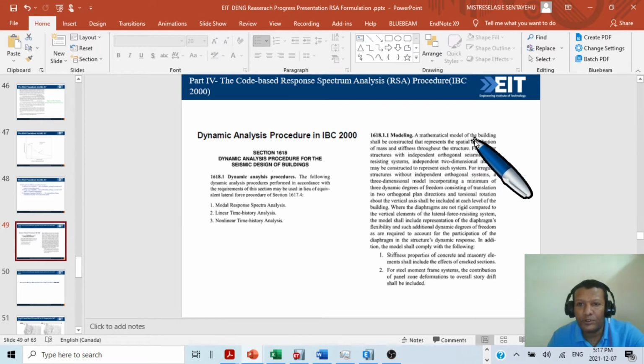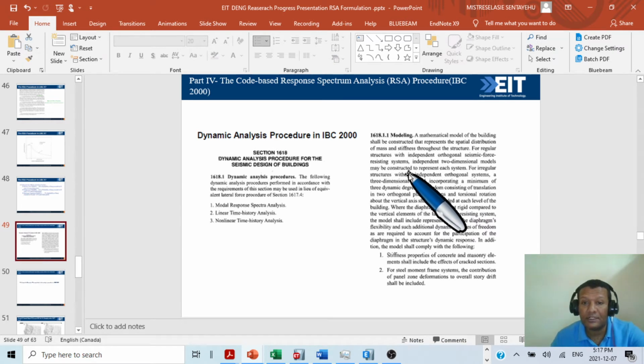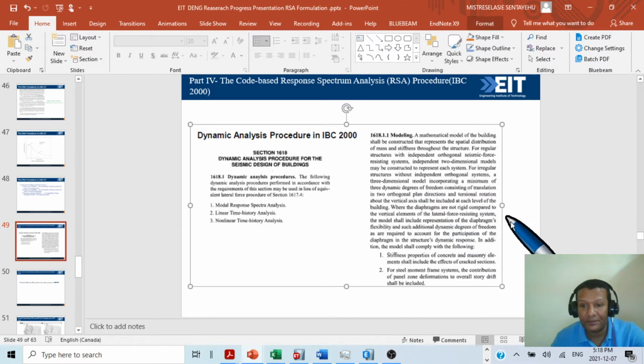The mathematical model of the building shall be constructed to represent the spatial distribution of mass and stiffness throughout the structure. For regular structures with independent orthogonal seismic force resisting systems, an independent two-dimensional model may be constructed to represent each system; for irregular structures without independent orthogonal systems, you can read it.